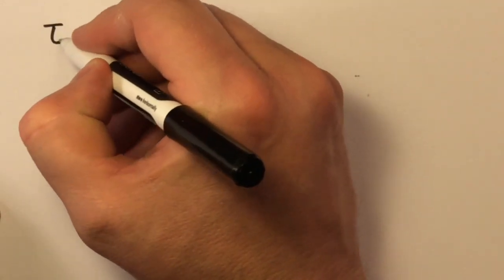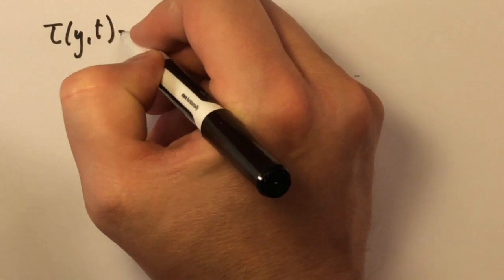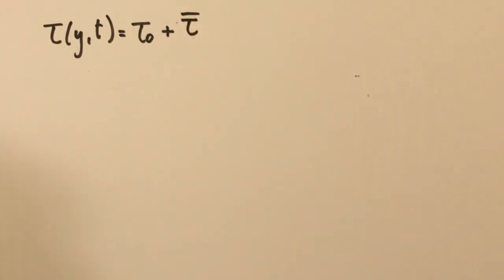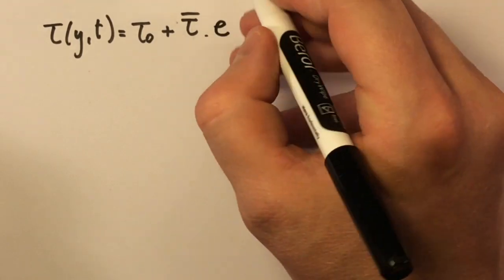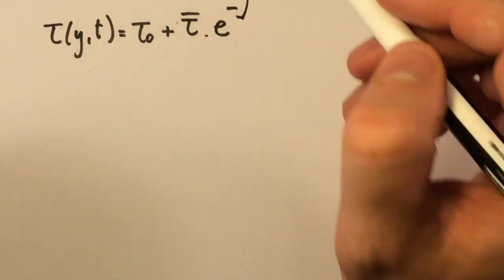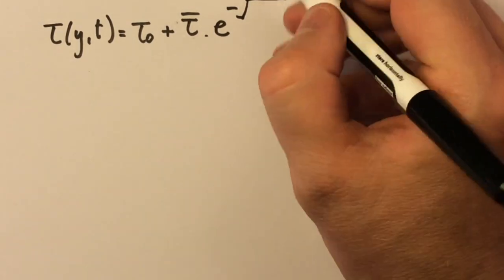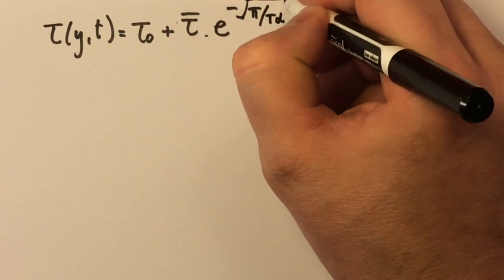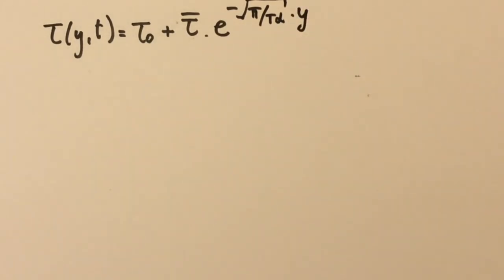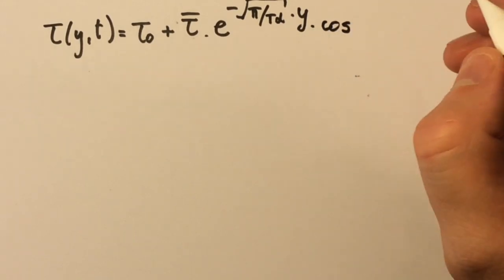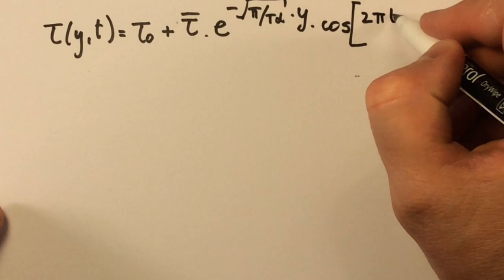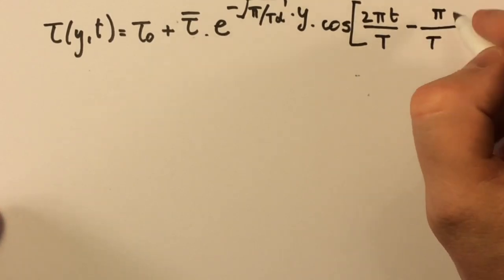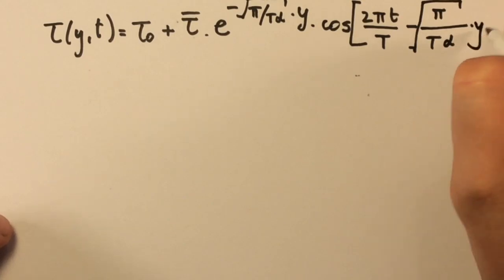So in our case the solution is tau as a function of y and t equal to tau 0 plus tau bar, the maximum temperature of the oscillation at the wall, times e to the minus square root of pi divided by T alpha times y, and then times the cosine of 2 pi t divided by big T minus square root of pi divided by T alpha times y.